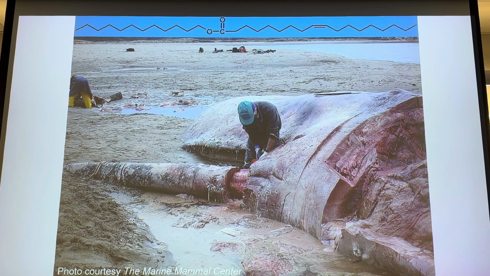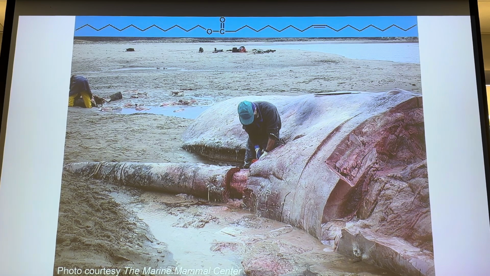It also has a consistency like human sperm, and that's why the whale gets its name. It's the sperm whale. It's from this wax ester that's in there, and that's why it's called spermaceti oil.